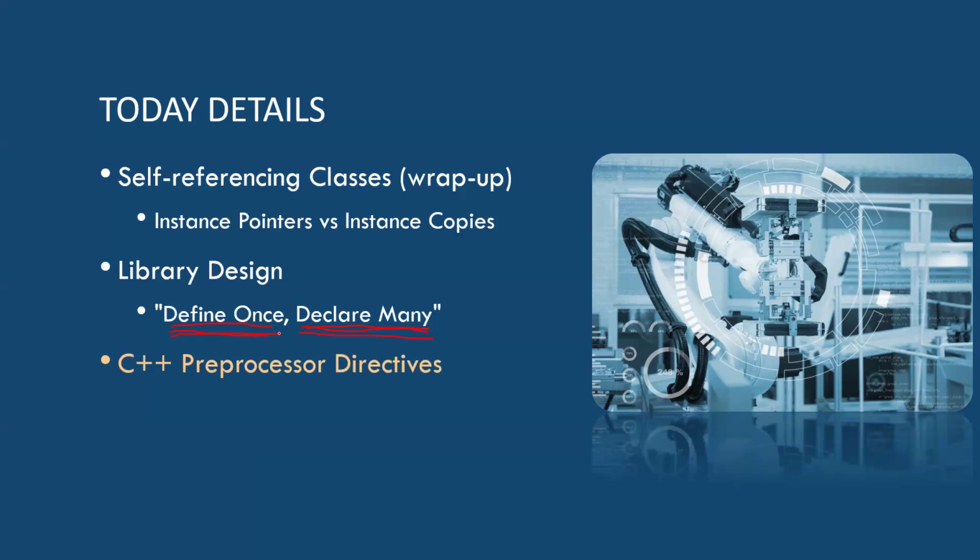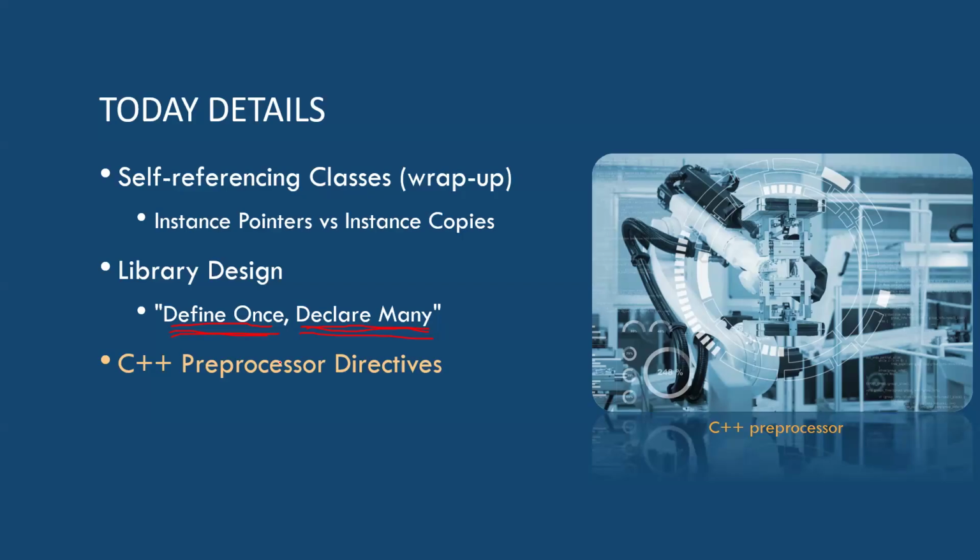But in order to really do that, we need to understand a bit more about what these C preprocessor directives are. Anytime you see a pound sign, that means that before the compiler starts, there's this robot. It's like a giant copy-paste robot, and it is picking up files from your file system and copying and pasting them all over the place. It has nothing to do with C++. That robot does not understand C++.